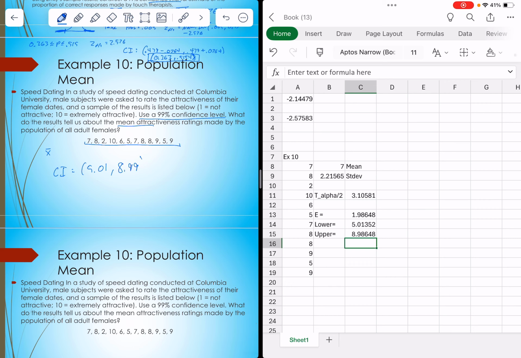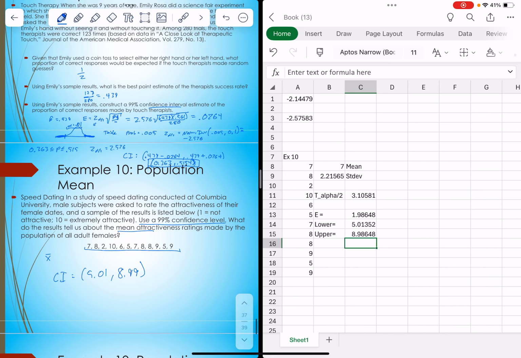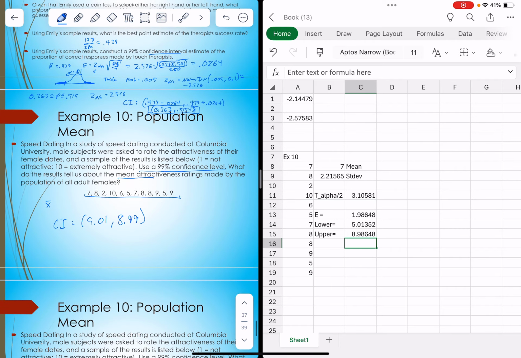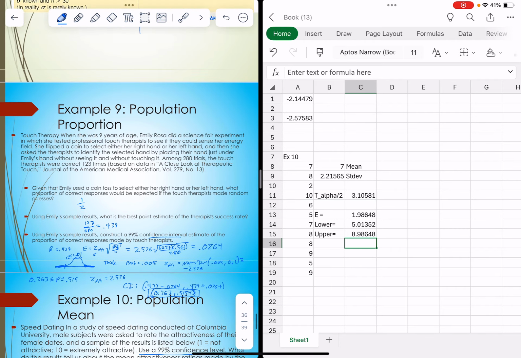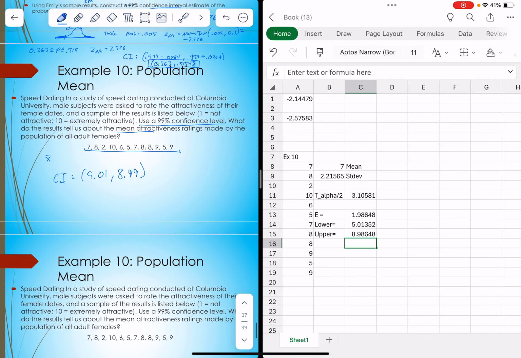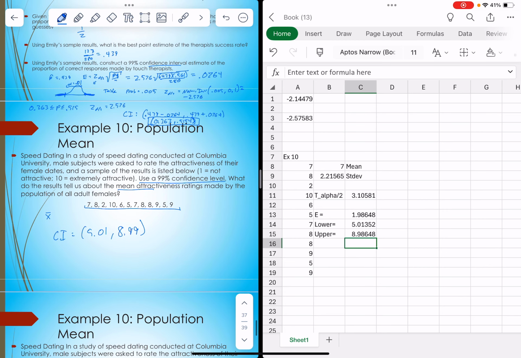What do the results tell us about the mean attractiveness rating made by the population of adult females? Well, it's biased to say the least here, because surely we'd expect the mean. Well, I don't know, maybe.